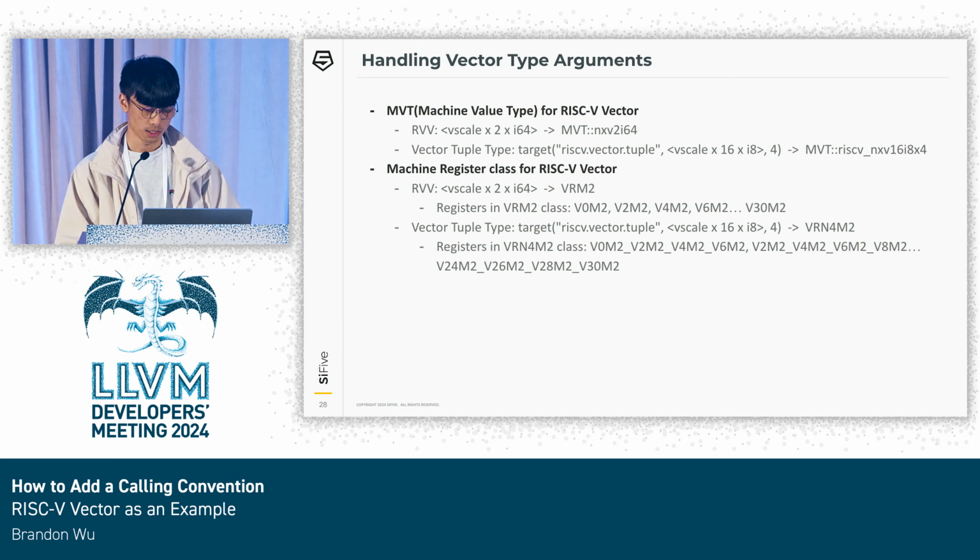For example, V64M2 times 4 is lowered to an MVT type, which is riscv_nxv16i8x4, which only contains LMUL and NF information, but eliminates element type information, which is trivial to the backend. And each MVT also has its register class, where each register class is mapped to a set of registers constructed by the rules we just discussed earlier.